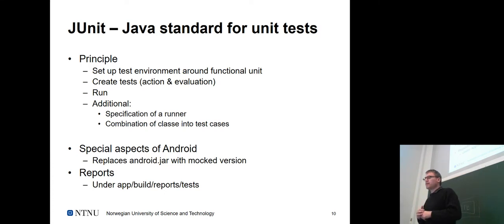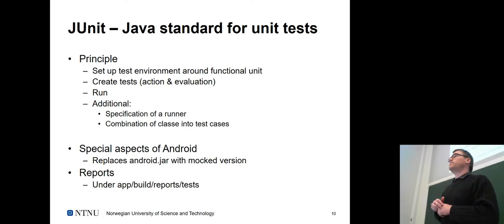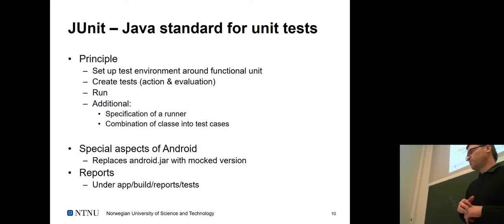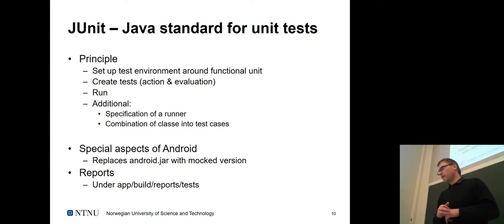After specifying the environment, you create some tests that take some input and produce some output, and then you evaluate that output as it's produced. You have a large number of those different test cases that are combined in one test class, and many classes can be combined in test cases that can be run comprehensively.